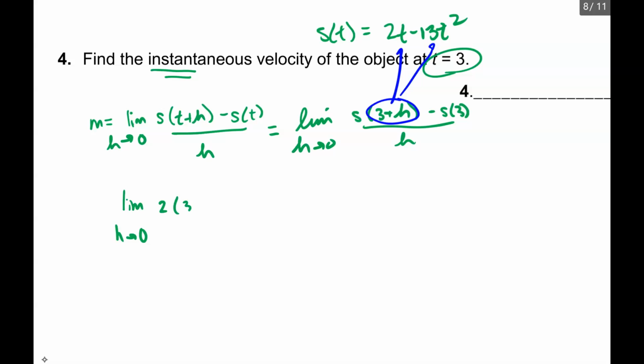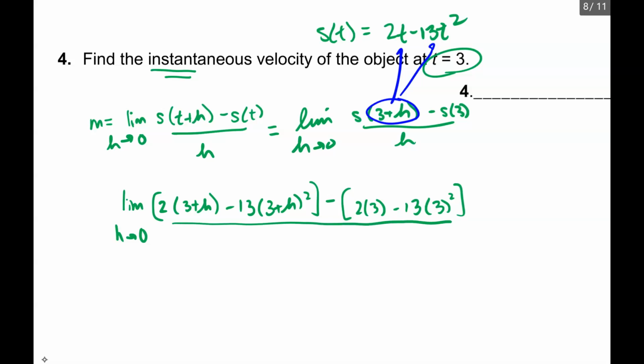So 2 times 3 plus h minus 13 times 3 plus h squared, and we're subtracting s of 3: 2 times 3 minus 13 times 3 squared, all over h.